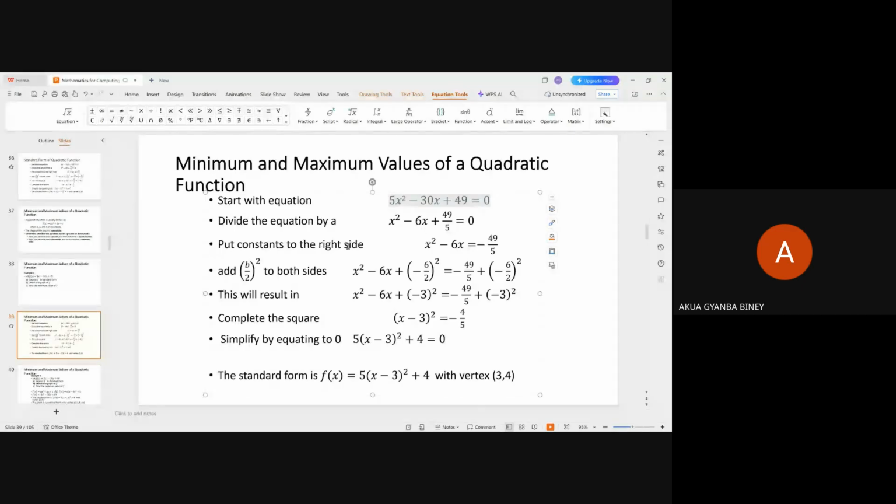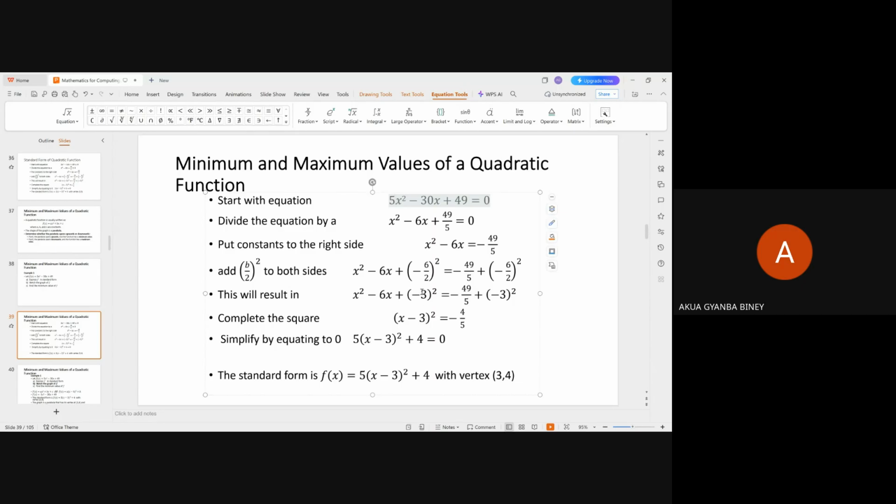Put the constant to the right. So I take the 49 to the other side, and this is what I get: x squared minus 6x is equal to this. Add b over 2 all squared to both sides. b is minus 6, so minus 6 over 2. If I simplify just what is in the bracket, I end up getting minus 3.